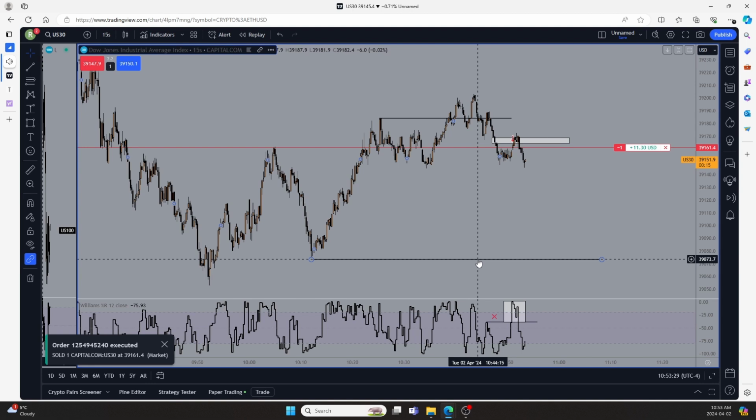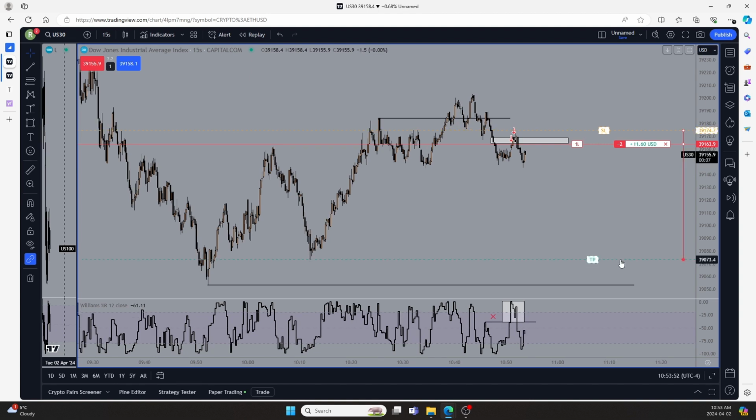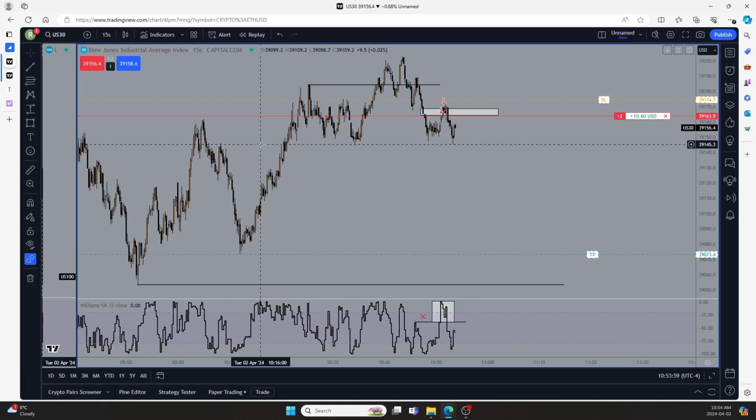At this point here, first target has been hit. We're just going to put the stop loss above this high, and we're going to put TP for now below here. Here at optimal advance, we only target that 2-to-1 risk to reward ratio.